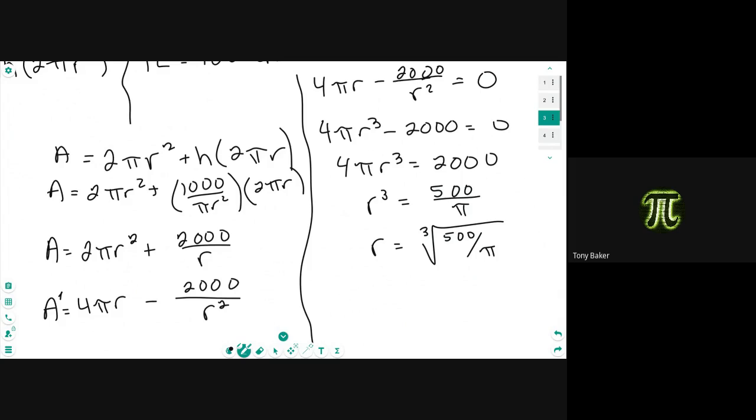In all honesty, in this problem, I don't think it would really matter. If they're going to want you to get an exact answer, they're either going to accept this or they're going to want it as a decimal answer anyway. And a lot of times when you're doing a real life type situation or these type of problems, you're going to want them as a decimal anyway, because that's how they're going to be used to produce it.